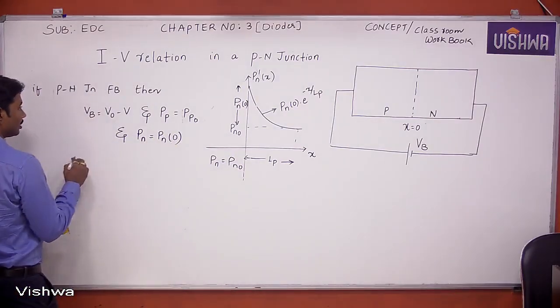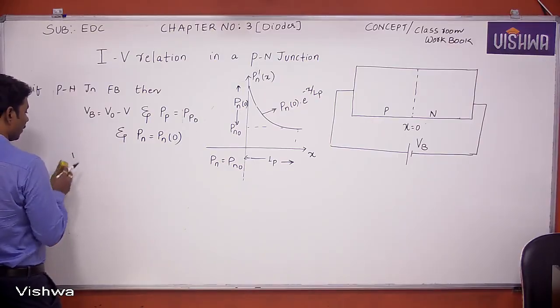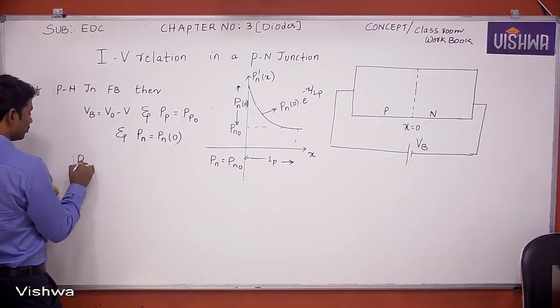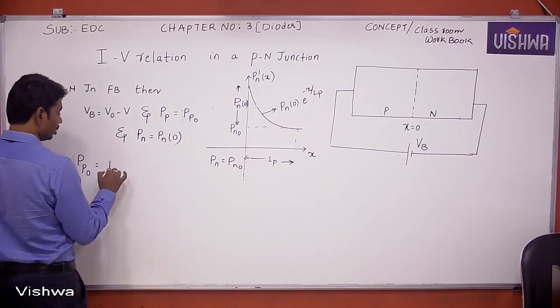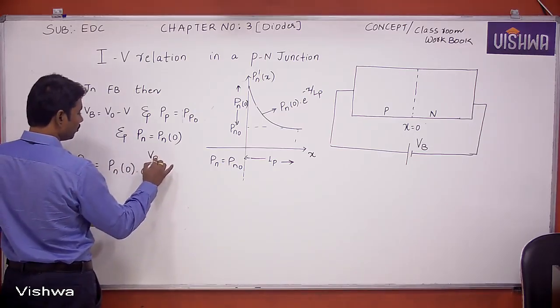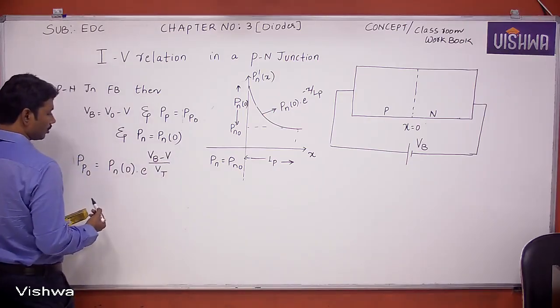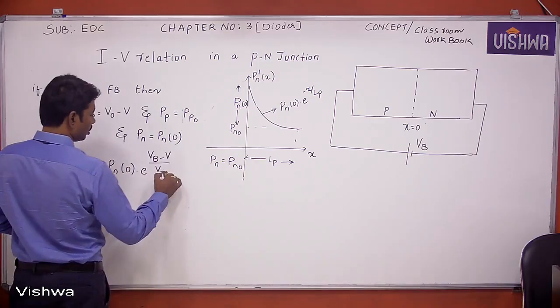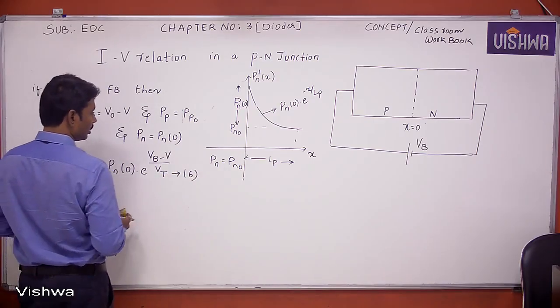Now, in this case, what is the equation? The equation is PP0 equal to Pn of 0 into e power VB minus V by Vt. This is equation 6. Previously it is equation 5.